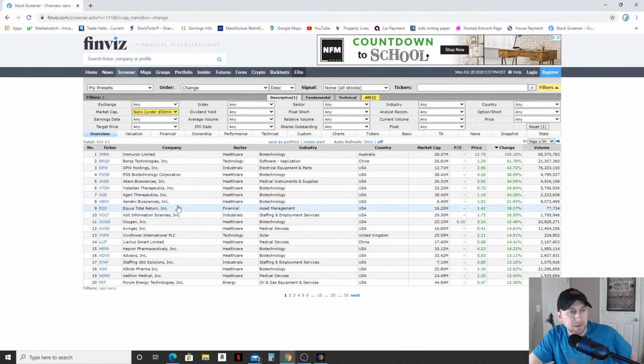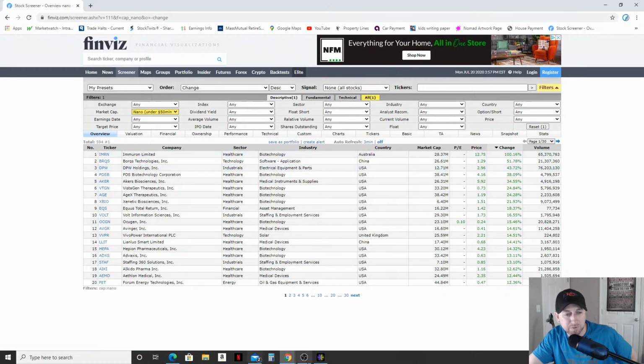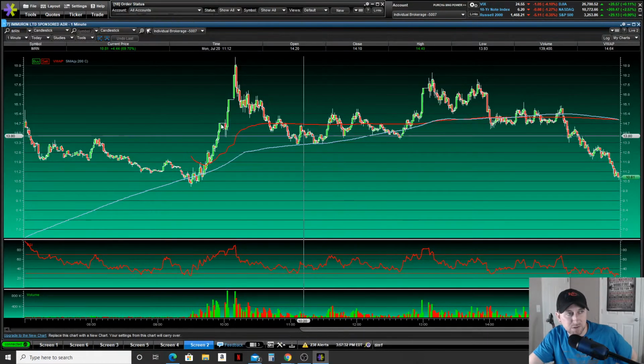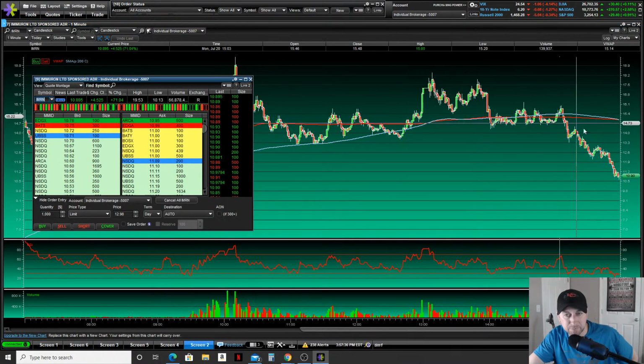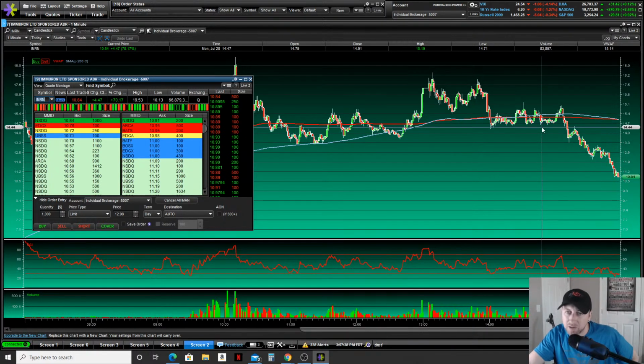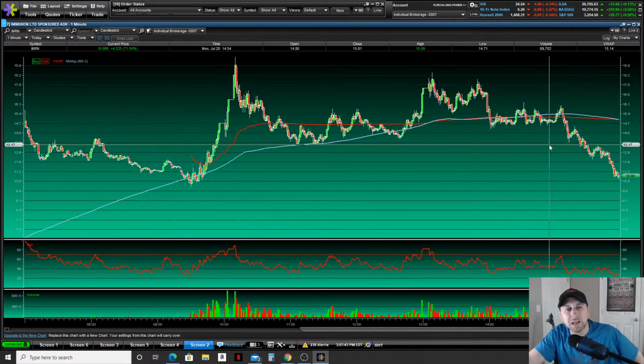So you look at the free scanner, and then like I said, you just look over here, look at the volume. If it's got a lot of volume, then it's worth throwing on your charts and seeing what it's doing. IMRN was a big one today, but it's doing nothing but fading into close. So if you might be somebody that's holding this stock, I'm sorry to hear that.